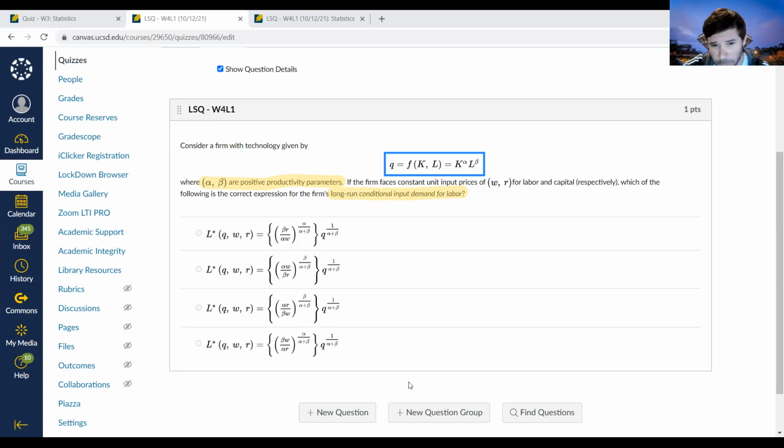Now, if you didn't want to solve the question and you were seeing if there's maybe an easy way out looking at the answer choices, there's a pretty quick way I think you can eliminate some bad answer choices, right? If these are demand curves, what should happen for the demand for labor as the wage goes up?